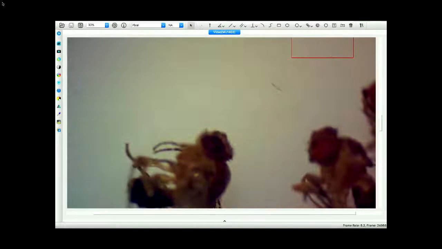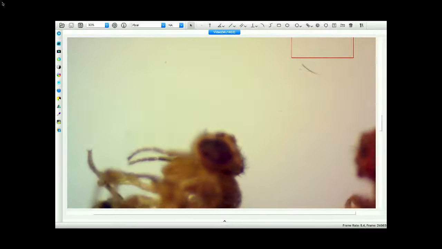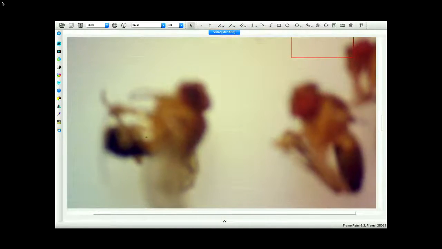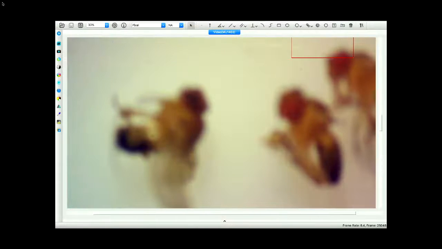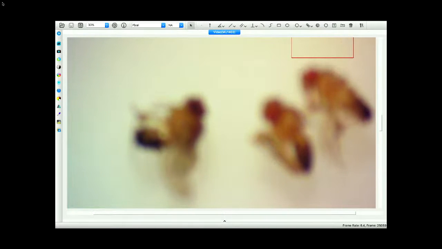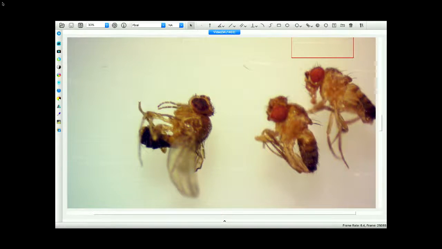All right, so let's zoom. We're just going to try and get this guy in the middle so we can have a nice clear view. There's a few here, so we can take a look at them all. Okay.